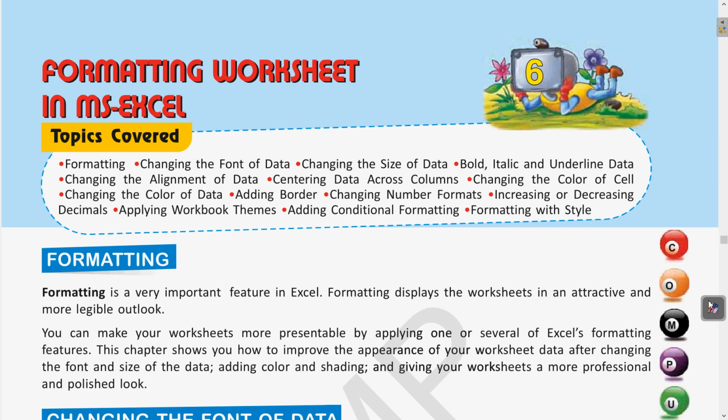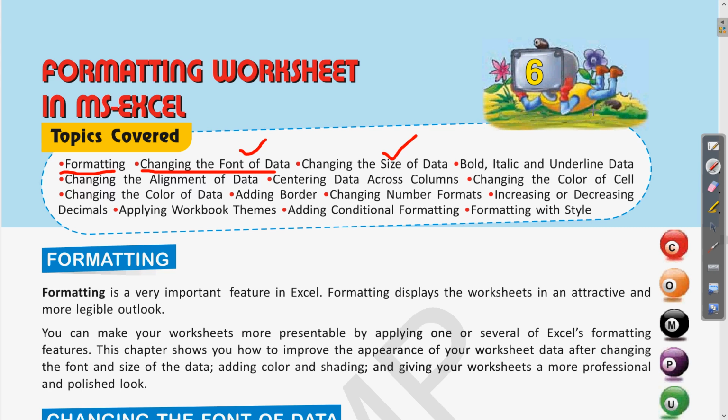So in this chapter what all we are going to see, we will see what is formatting, then how to change the font of the data, the different styles in which the data is written, that is the font, clear. Then if you want to change the size of the data, if you want to increase the size, if you want to make it look bigger, so that is called as changing the size.